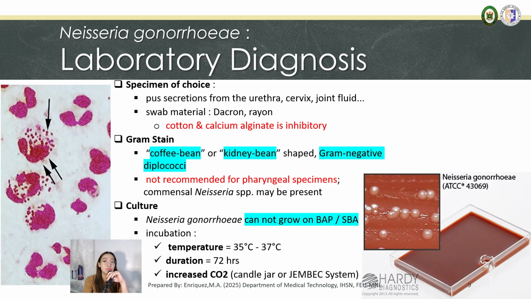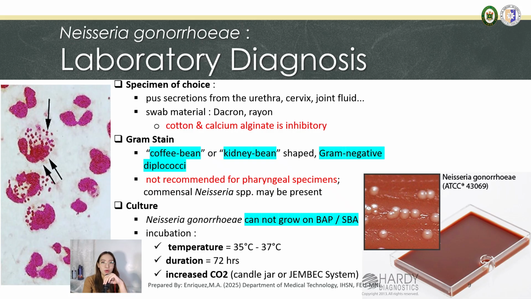So the Gembex system stands for the James E. Martin Environmental Chamber, and an example of that is shown here on the photo to the bottom right. So yung bilog na space po dun sa gilid, dyan po pwedeng maglagay ng CO2 tablets for these capnophilic organisms.